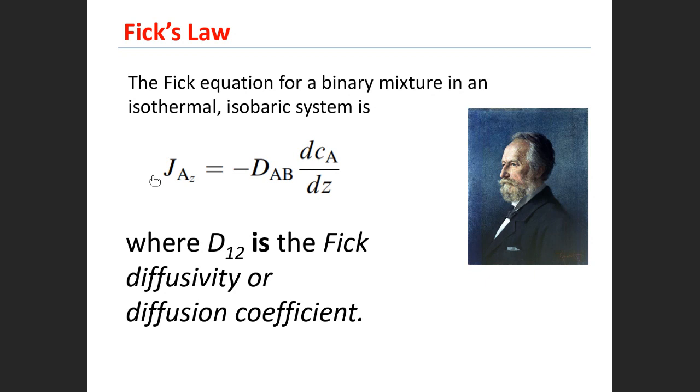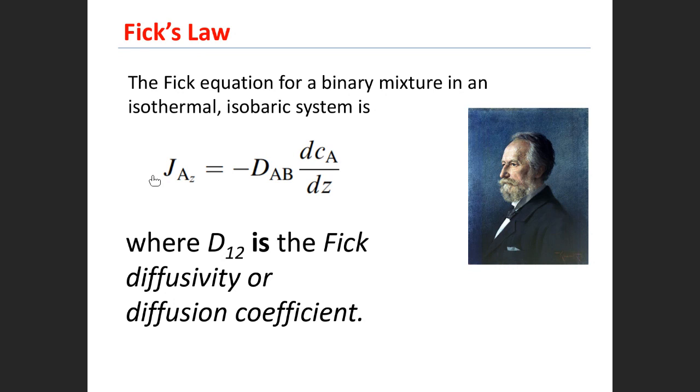equal to negative D_AB. D_AB is called diffusivity, or we can also name it diffusion coefficient. Okay, so capital D is basically diffusivity. Sometimes I call it diffusivity, sometimes I call it diffusion coefficient. Both of them are correct.